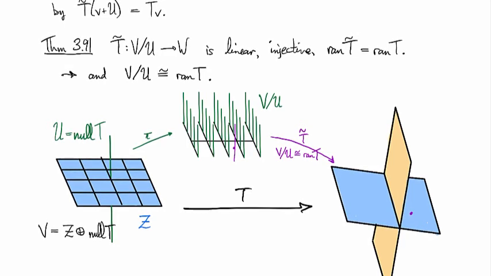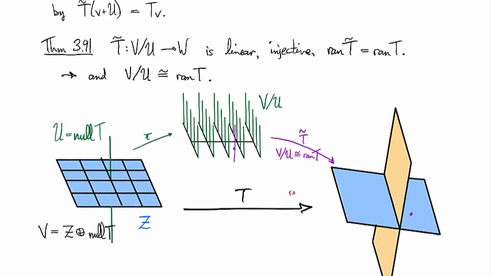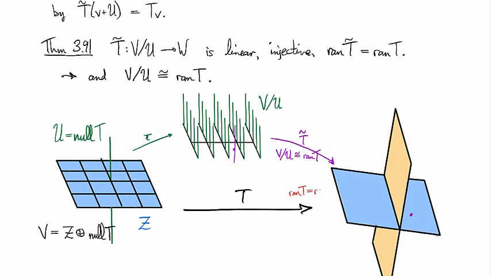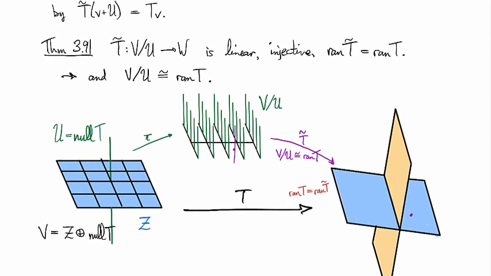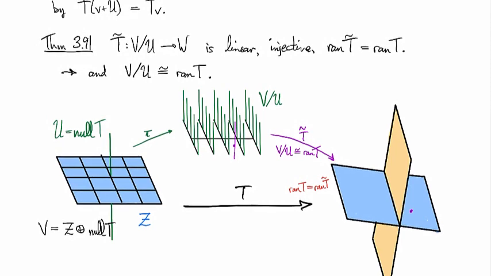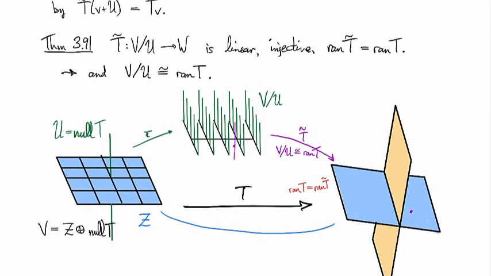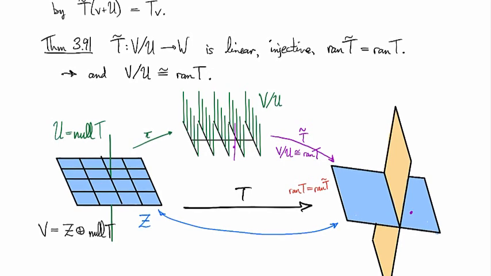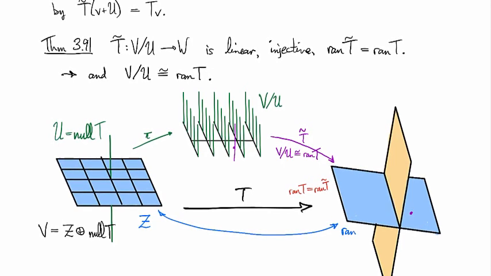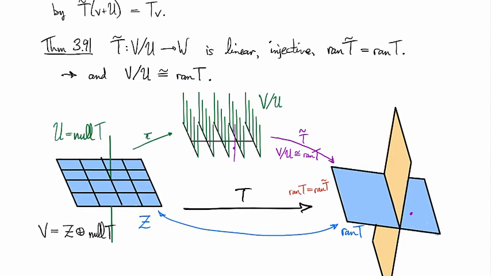And so what else do we have? We have that the range of T is equal to the range of T tilde. They're both mapping to the blue plane. And we also have that the blue plane gets mapped to the other blue plane on the other side by T. So this is the range of T over here, the blue guy.